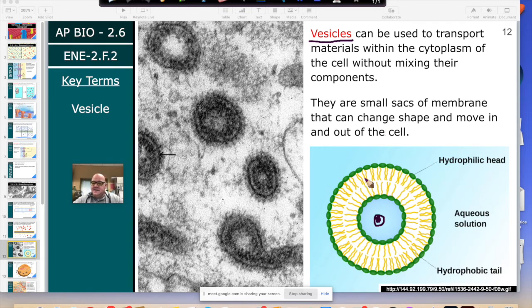Now, these are phospholipid bilayers, so these are internal membrane-bound organelles. When these bump up against the actual cell membrane, they can sort of burp out their contents, okay? So just a review of what a vesicle is.